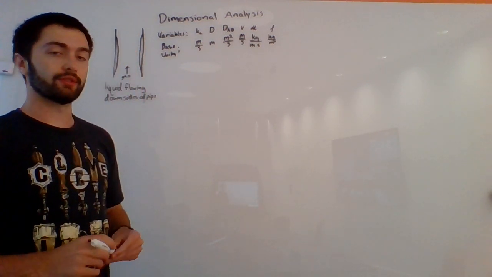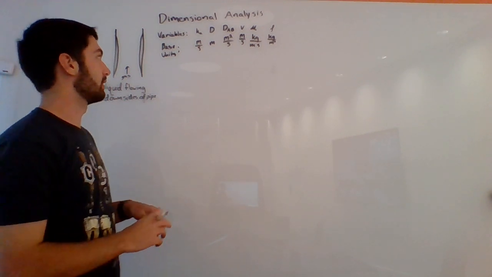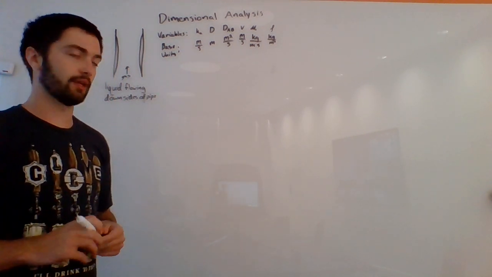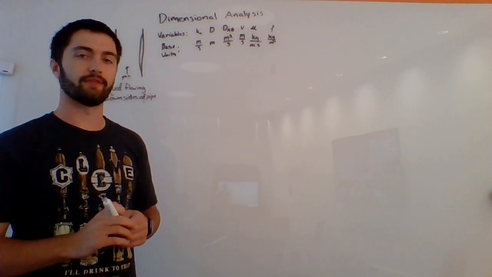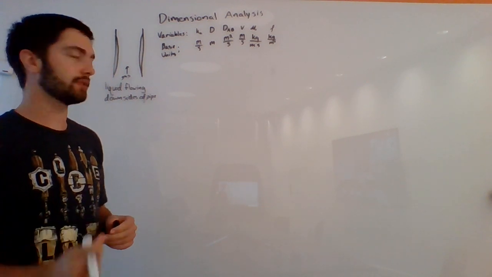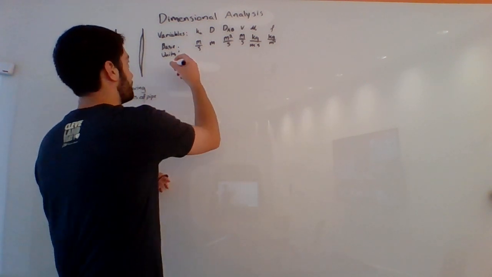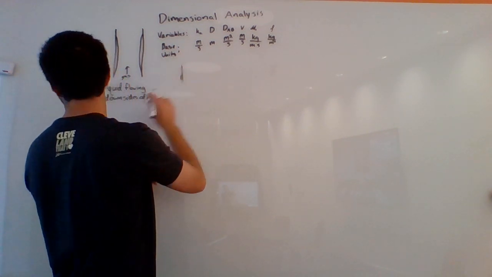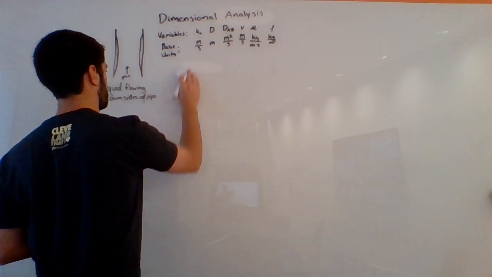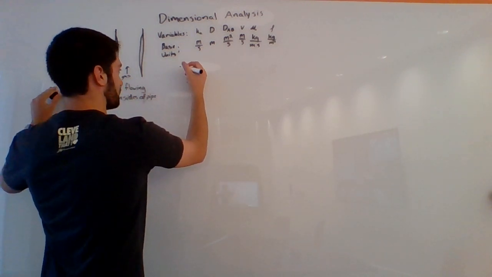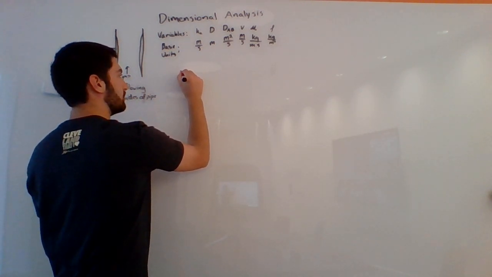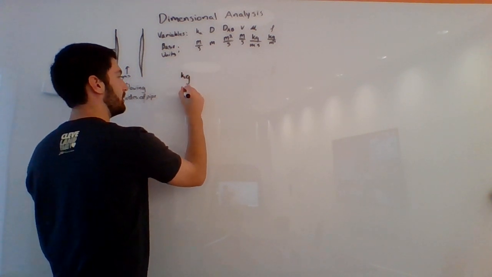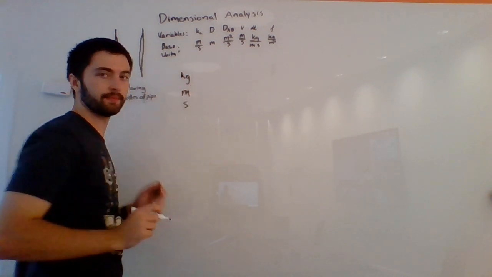So for the dimensional matrix, we want the rows to be all the base units, meters, seconds, and kilograms, and we want the columns to be all the variables that describe our situation. So I'll write that out. So first, for the rows, we'll do kilograms, meters, and seconds.